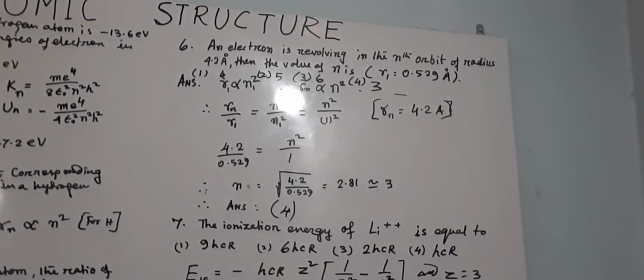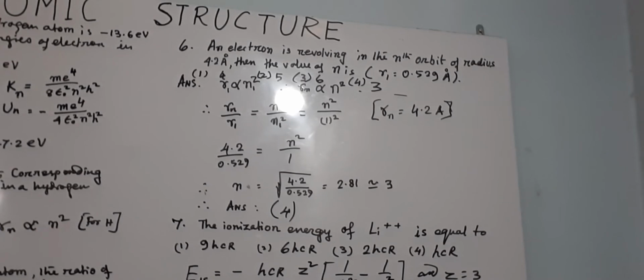Now question number 6, an electron is revolving in the n-th orbit of radius 4.2 angstrom, then the value of n is, we know the ground state radius is R1 equal to 0.529 angstrom. Now as we know, R1 is proportional to n1 square and Rn is proportional to n square.